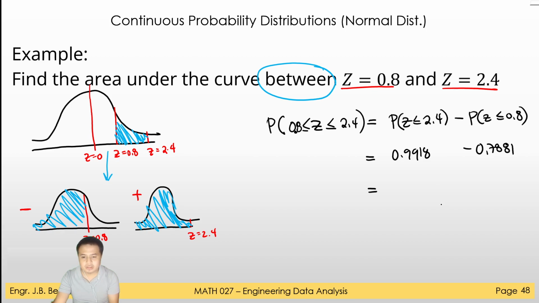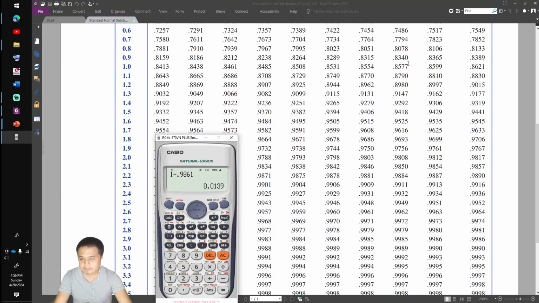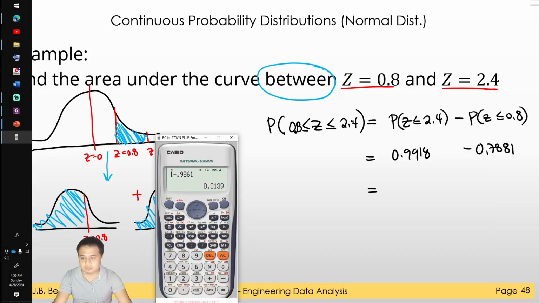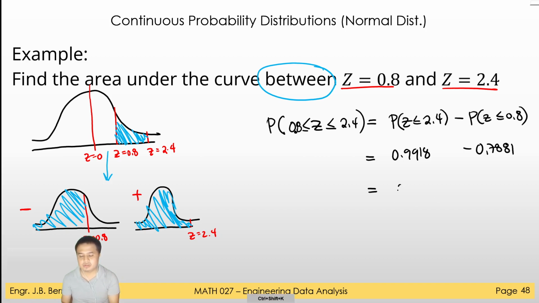Therefore, the probability here will be, what is it? So 0.9918 minus 0.7881. So the value is 0.2037. So this will be your probability.